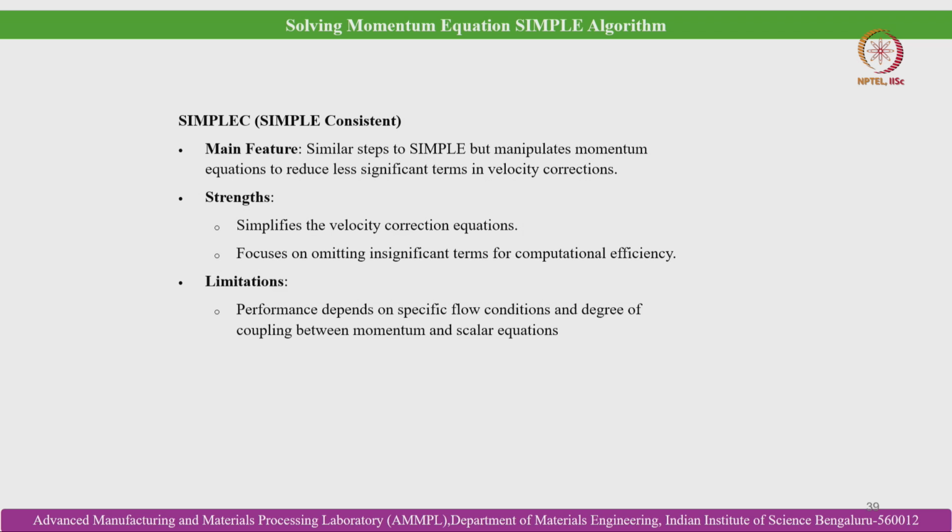So here you can understand that the simplex algorithm neglects less significant terms. That is why it is a faster algorithm and can take lesser computational time, so computational efficiency is higher. However, the solution accuracy becomes questionable, and it is useful for specific flow conditions and degrees of coupling between momentum and scalar equations.